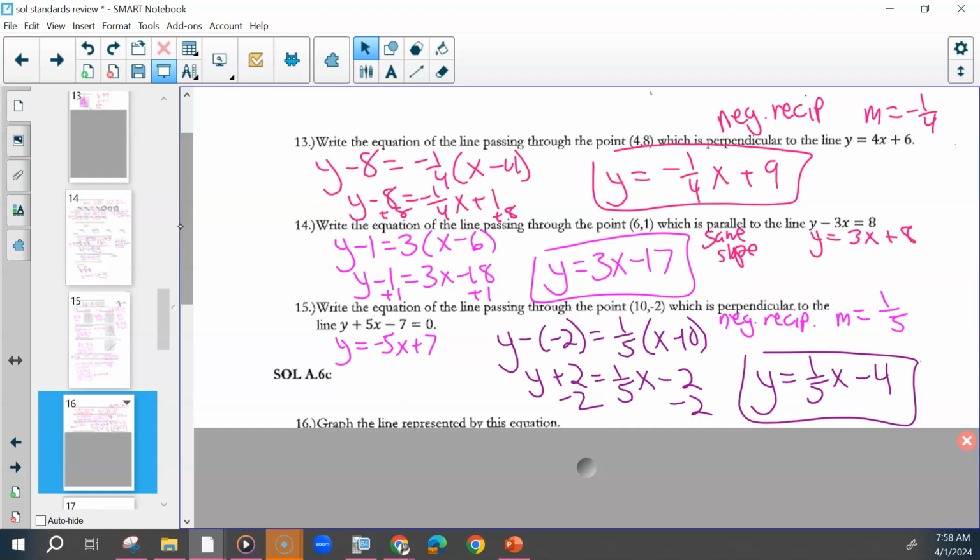Again, all of these can be done in Desmos. 14, y equals 3x minus 17. And 15, y equals 1/5 x minus 4. Does anybody write this down? You should be writing it down as well.